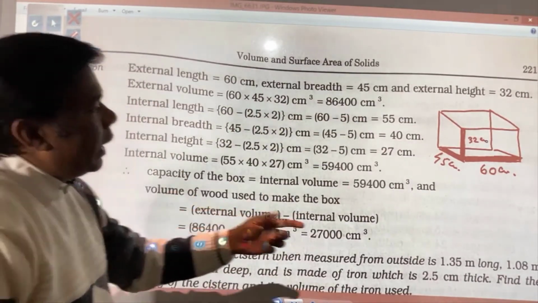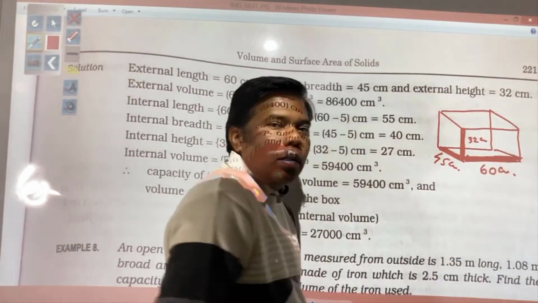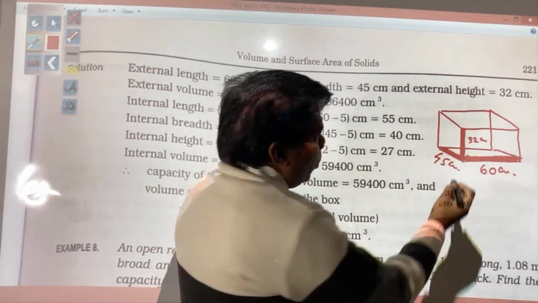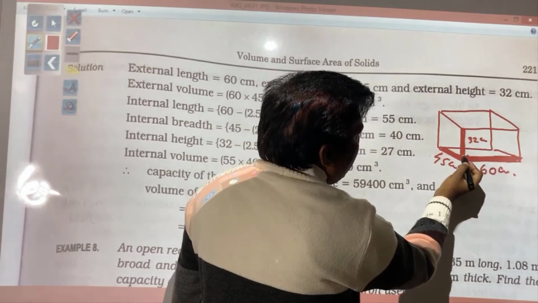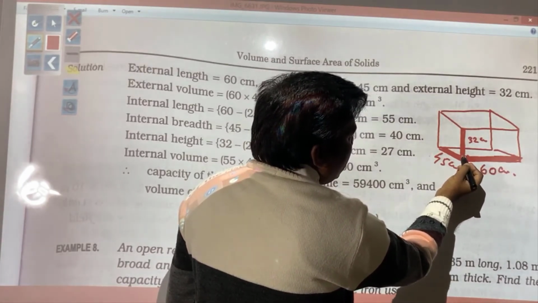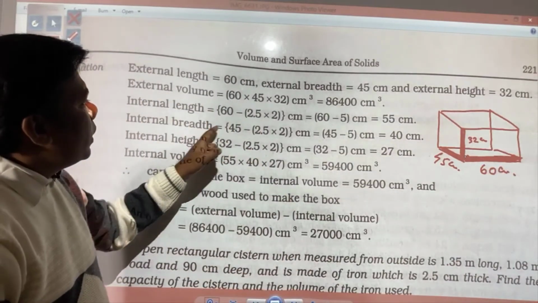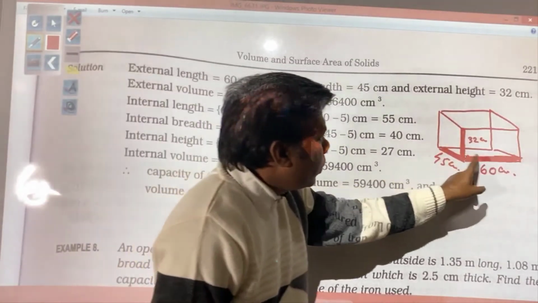Now internal length, this length we need to find out from here to here. Because this thickness has been given, this is this much thick. So inner length will be, just you see, if this is 60, so from this side also thickness is required to be subtracted, and from this side also thickness is required to be subtracted. Thickness is 2.5, so two sides it is required to be subtracted.